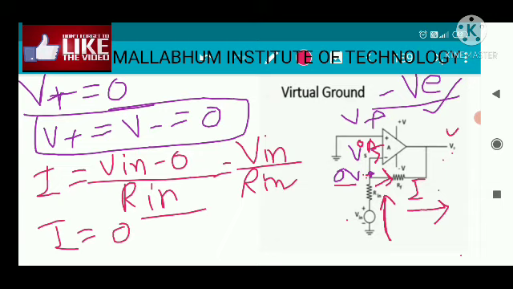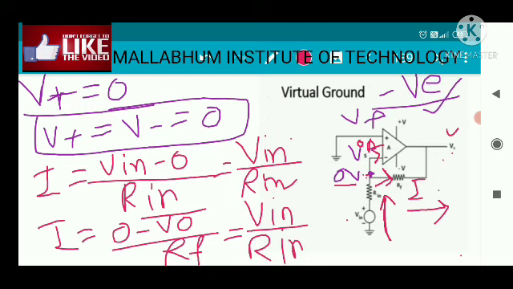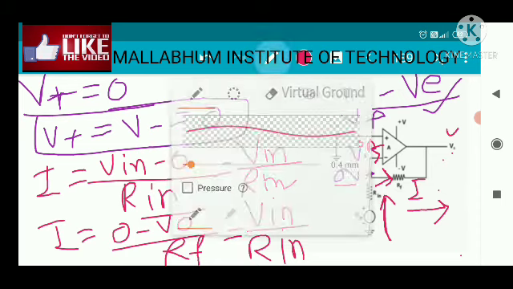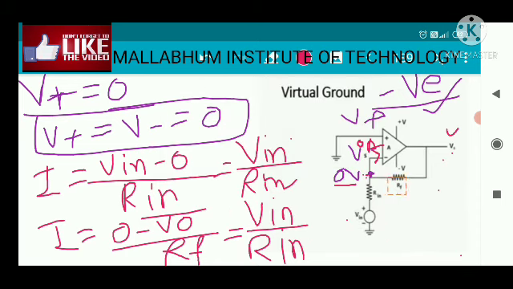So 0 minus V0 divided by RF is equal to this current, which is V in divided by R in. I am just explaining this again, removing all this.